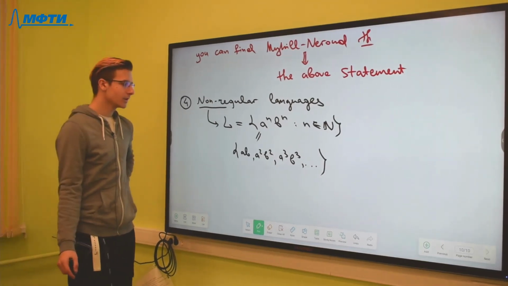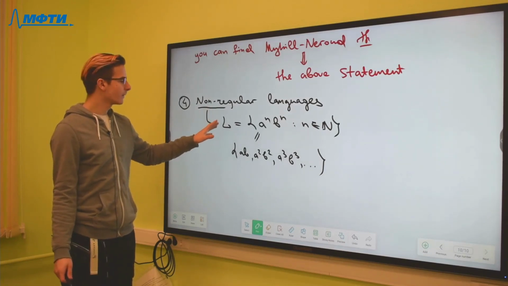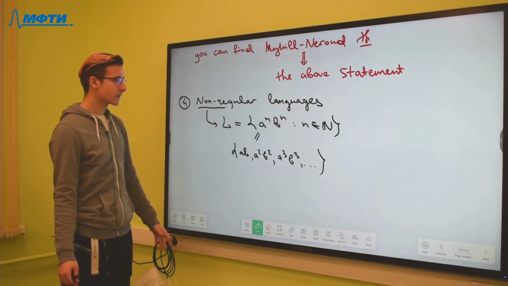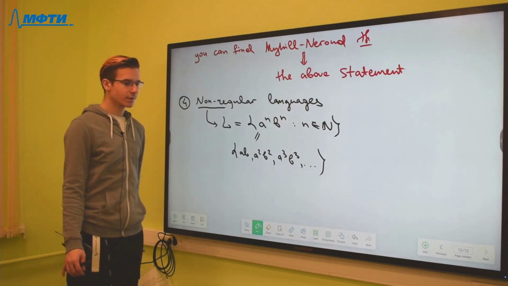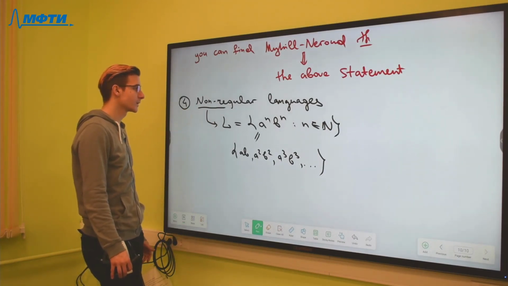And you cannot represent this language as a DFA or NFA because it is not regular, and regular languages are equal to languages that we can represent as a DFA.